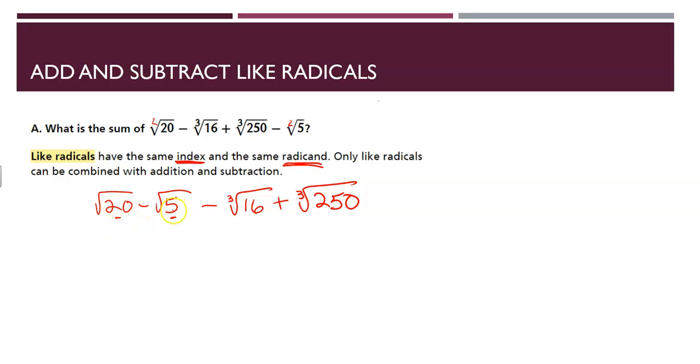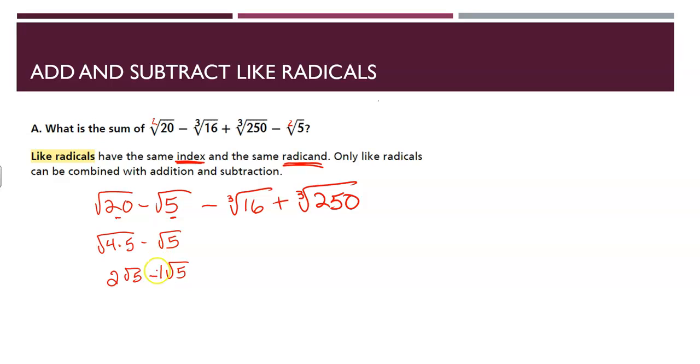Well, that's as simple as it gets. But this is 5 times 4. And the square root of 4 is 2, so that's 2 square root of 5 minus the square root of 5, or 1 square root of 5.